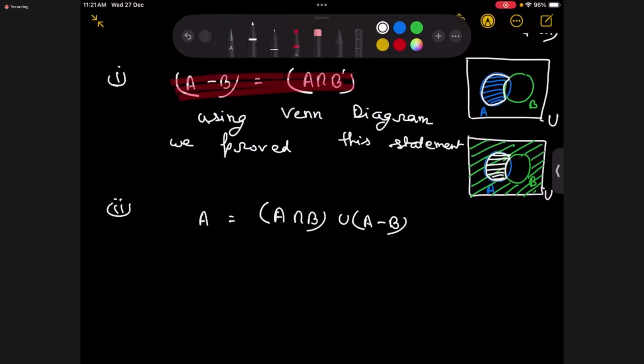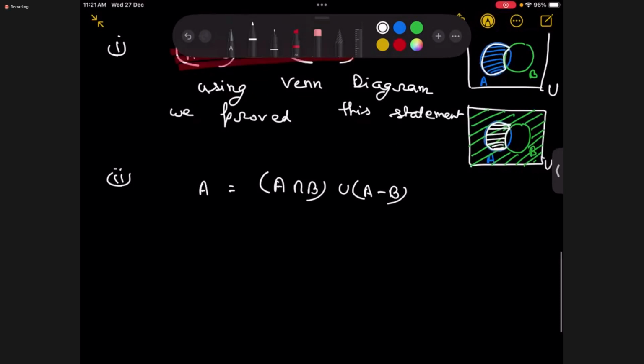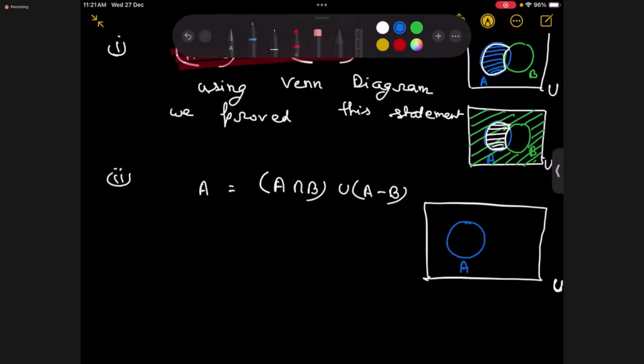Okay, so first check with the Venn diagram, then we will go with the proof. So okay, this is our set U. U is our universal set. This is our A. This is our B. So what about A minus B? A minus B is the blue portion. This is our A minus B. And what about A intersection B?